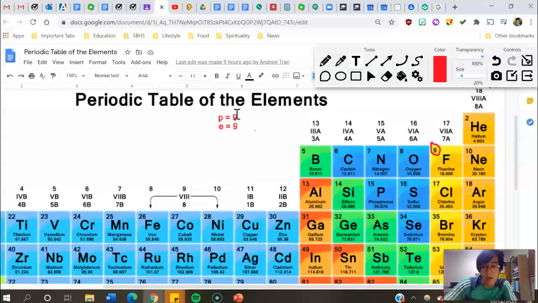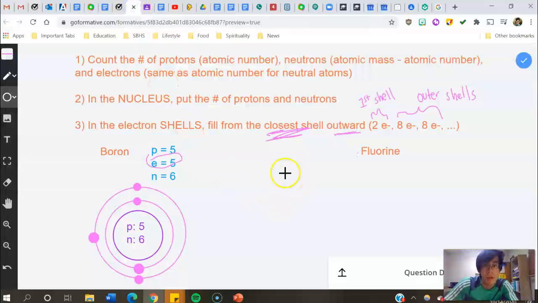But now how do I find the number of neutrons? I need to take the atomic mass right here and subtract the atomic number. It's 18.998, which I'm going to round up to 19. So 19 minus 9 is equal to 10. So I have 10 total neutrons. Let me transfer that over to Go Formative and use the text box function here.